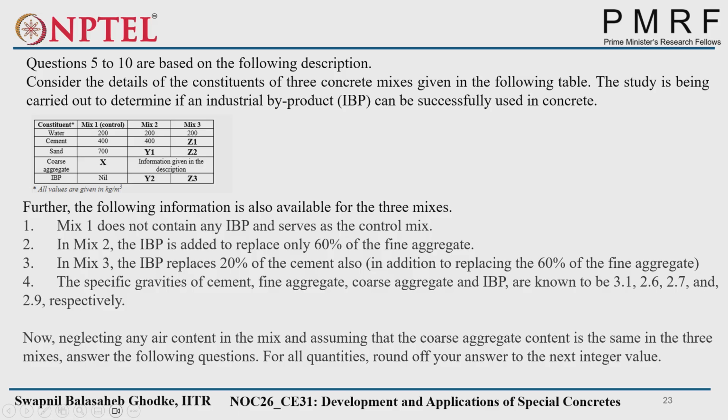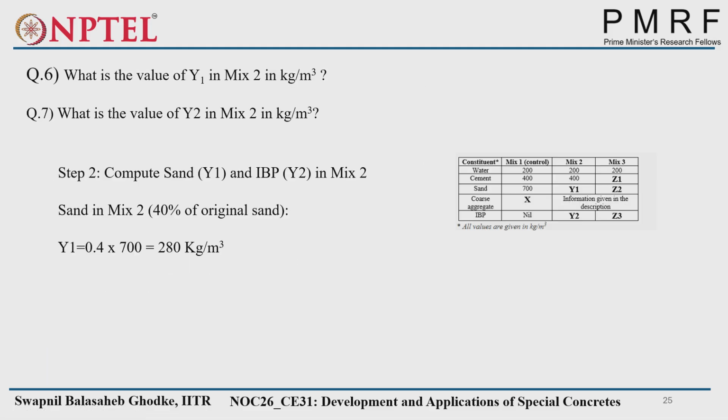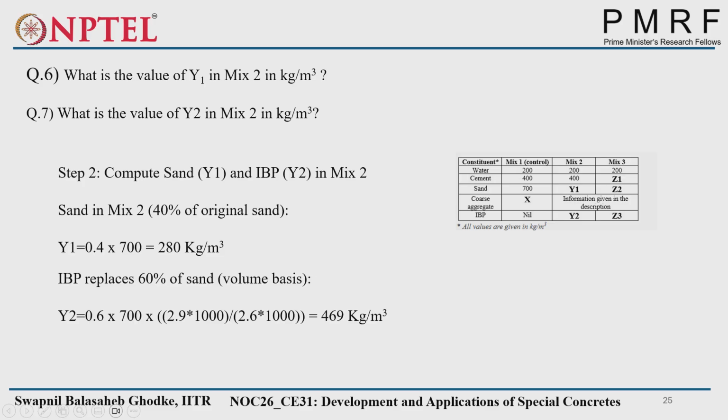What does y2 indicate? IBP replaces 60% of the sand on a volume basis, right? So y2 will be 0.6 into 700 into 2.9, the specific gravity ratio of the IBP and the fine aggregate.